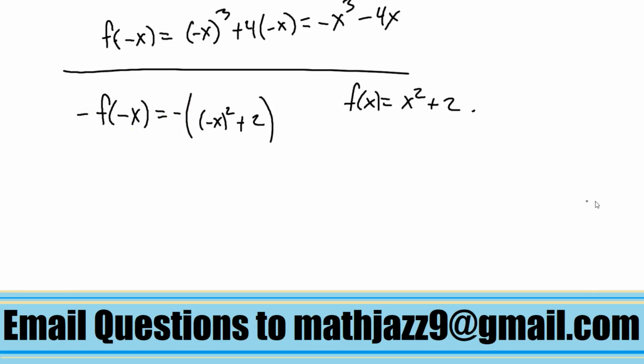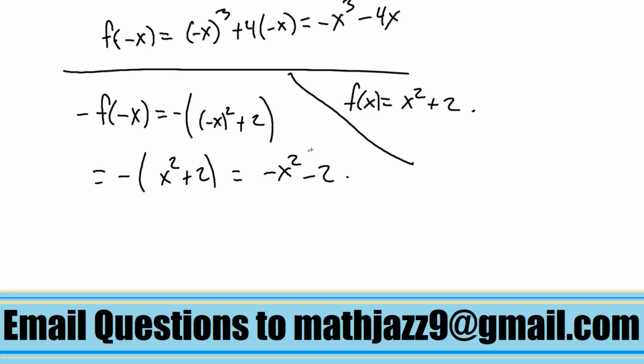Simplifying, the negative cancels in here. Do it one step at a time. Just like how our odd function wasn't even, this even function is not odd, because these two things are not equal to each other.